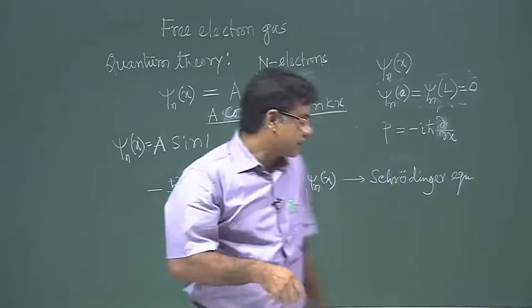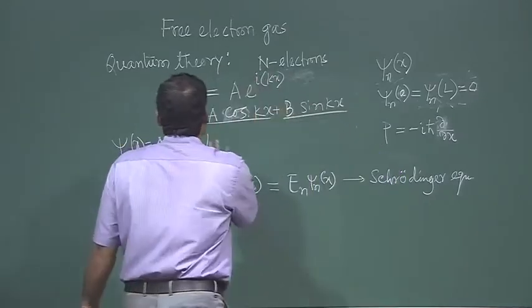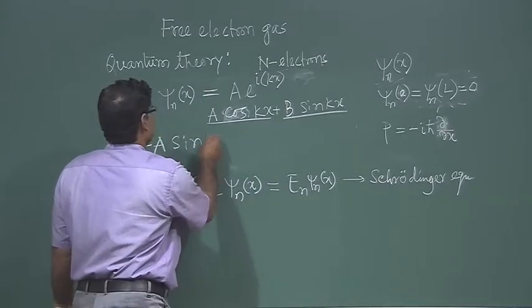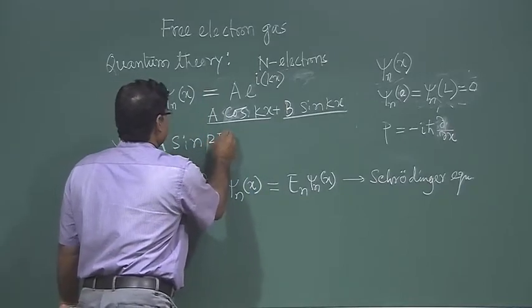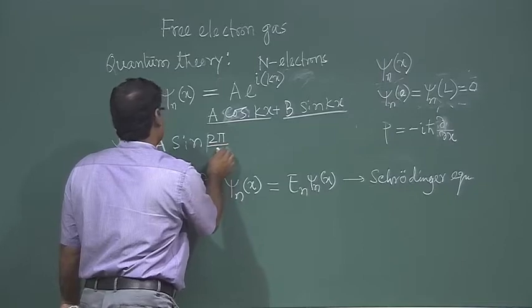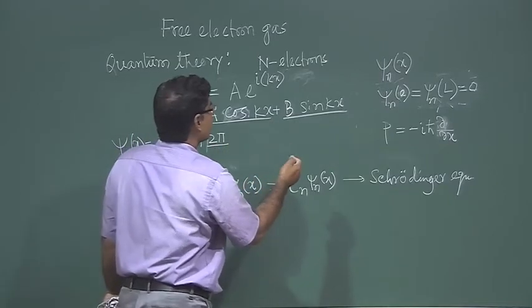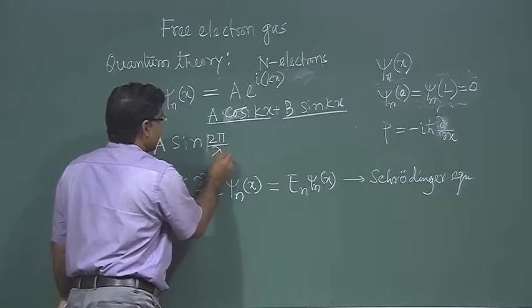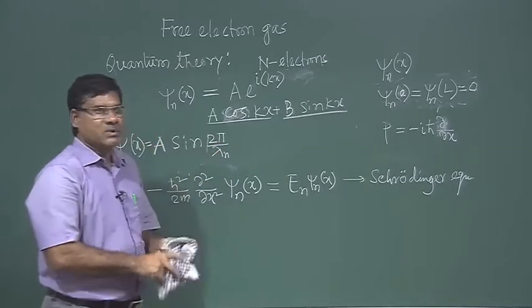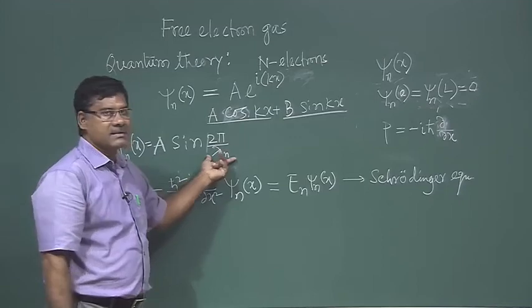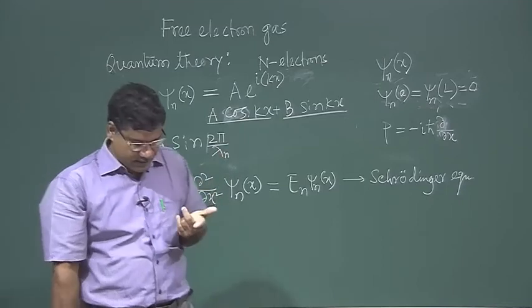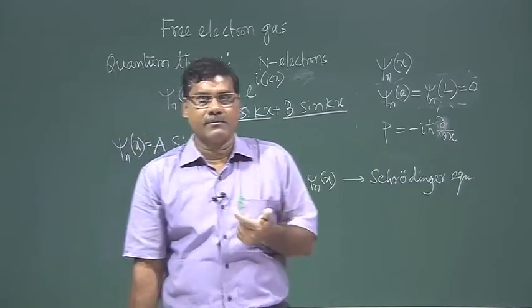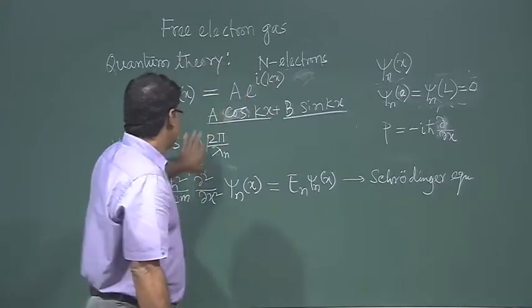We know k is 2 pi by lambda, so I write 2 pi by lambda n, for the nth state. The wavelength of the nth state is lambda n, so I just replace this k.